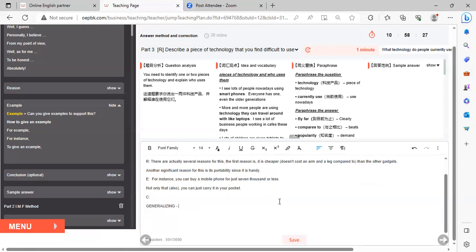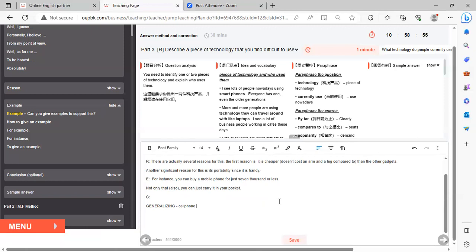For example, you only talk about the cell phone, but you can actually generalize. So instead of talking about the cell phone alone, you can talk about the entire gadget, a lot of gadgets.